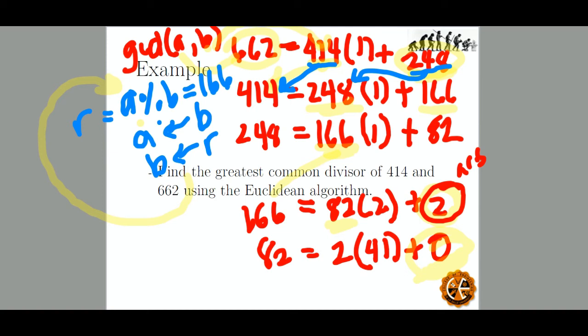And same drill, we're going to assign 248 as our B, and then 166 as our A, and then 166 became our B. And then we are going to repeat the process again, this time with 248 and 166, and the modulo result now became 82, and so on.